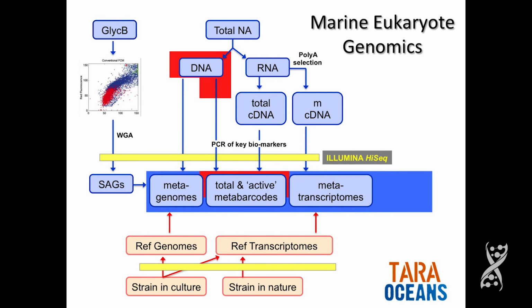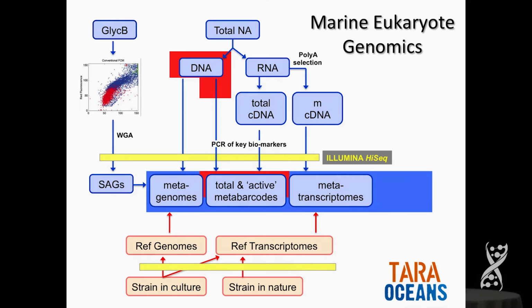We start with total nucleic acids. We extract either DNA or RNA, and then we do metagenomics using the Illumina platforms for everything we're doing so far. So we're sequencing the DNA of different size fractions to derive metagenomes, metabarcodes, and then we're also sequencing the cDNA that we derive from either total RNA or from messenger RNA.